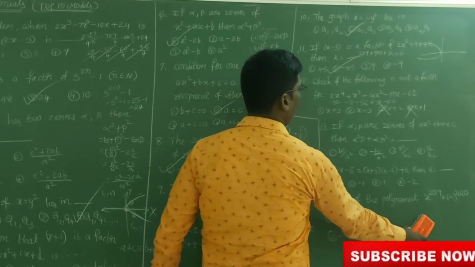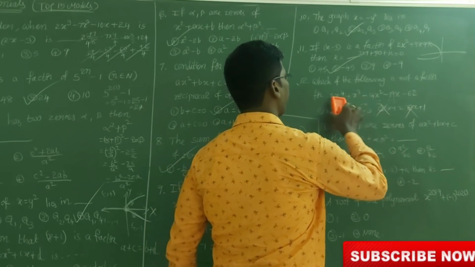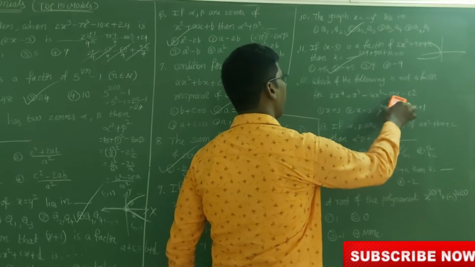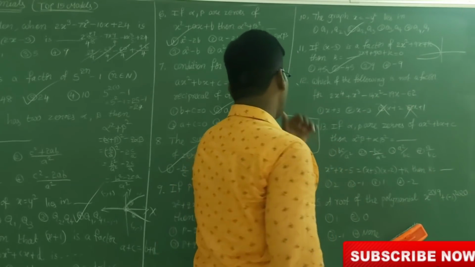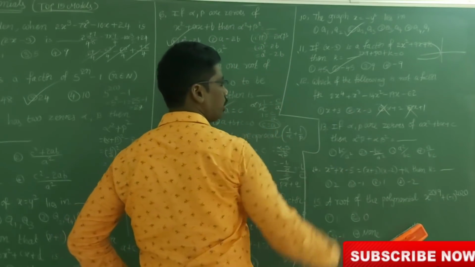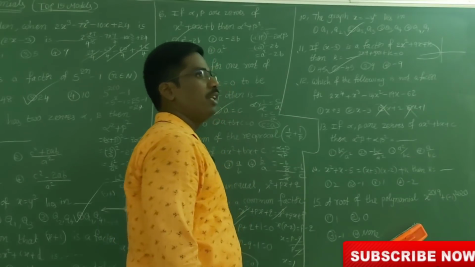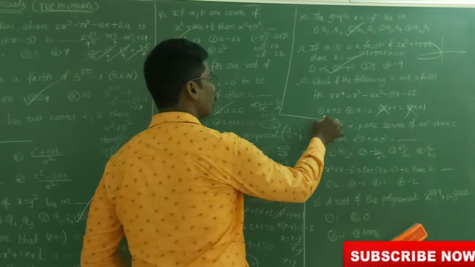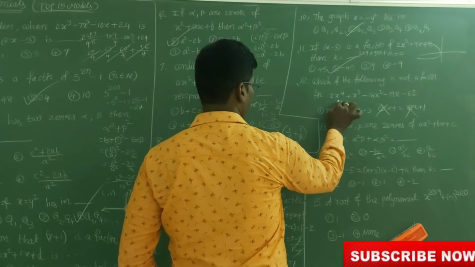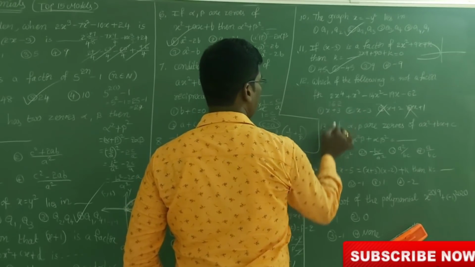Either x minus 3 or x plus 3 may be a factor. Now let us suppose we take x minus 3 is equal to 0, which means x is equal to 3. Then 3 square whole square means 9 9s are 81. 81 2s are 162.